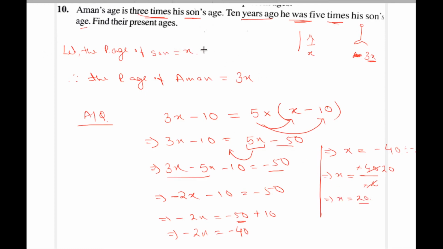That means the present age of the son is 20 years. Yes. Or we can write it down also. Therefore, present age of son is equal to 20 years and present age of Aman is equal to 3 multiplied by 20, equals 60 years.